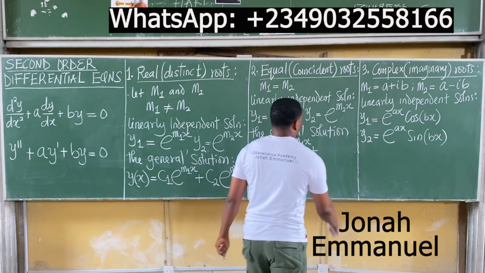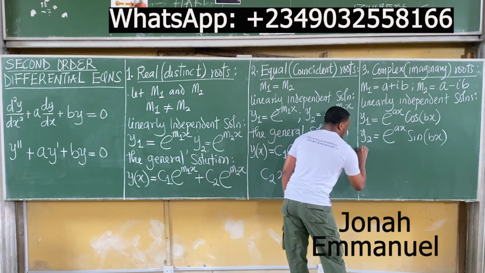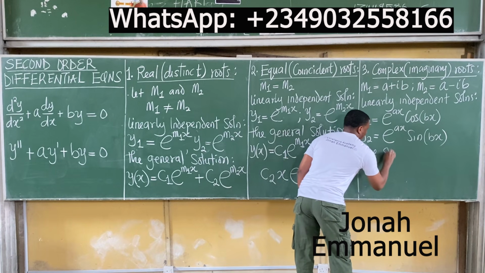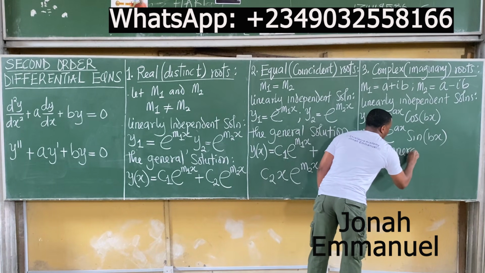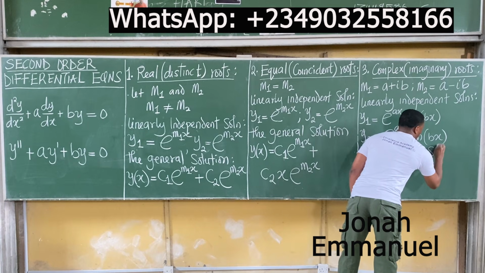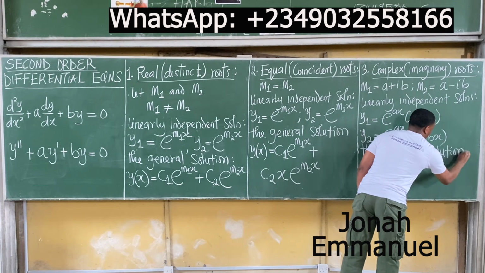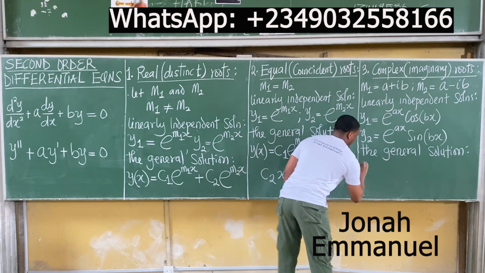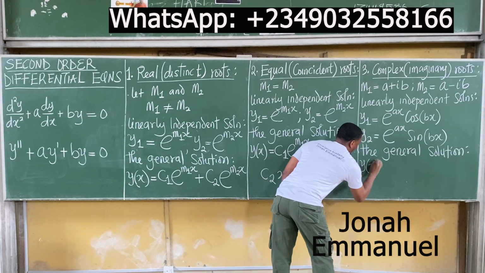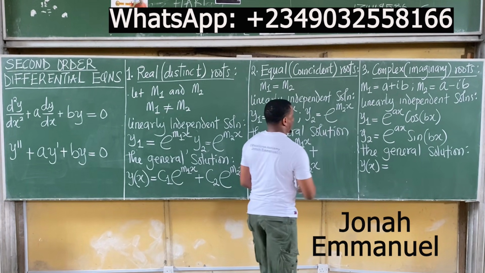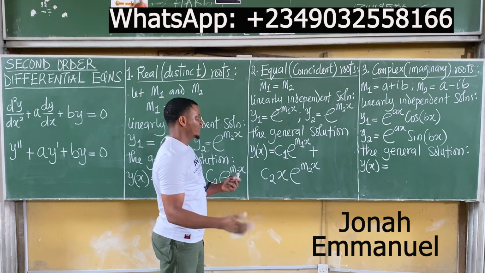What about the general solution? The general solution will be given by, let's say, a function y in terms of x. For all of this, we are assuming y is a function in terms of x.